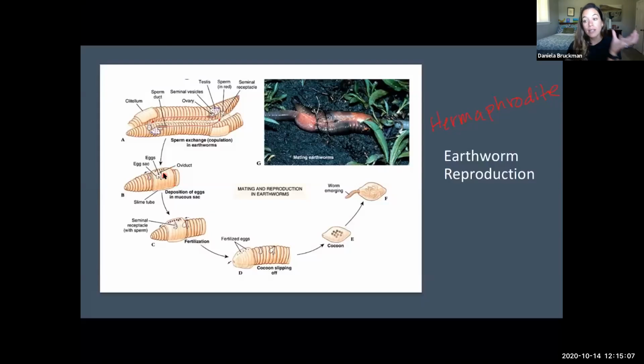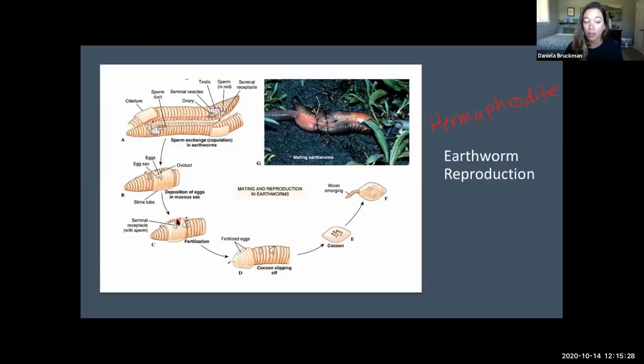Okay, so once that membrane captures those eggs, it slides off the back end, or the terminal end, of the worm. It slides over the seminal receptacle that is holding the sperm from the other earthworm, and then it captures some of that sperm.